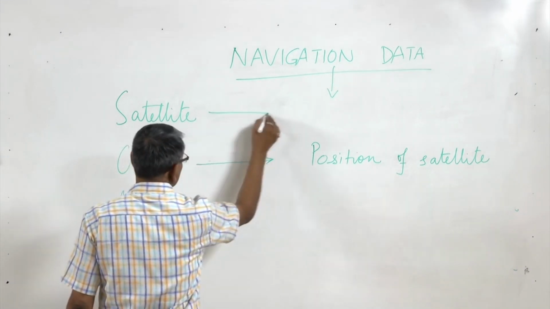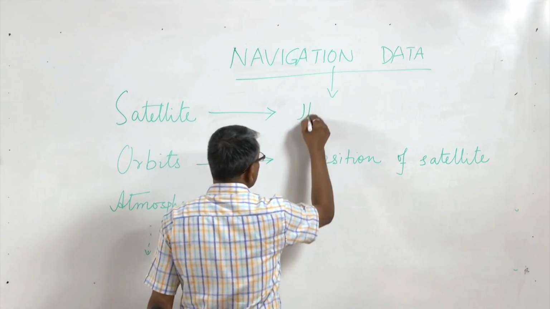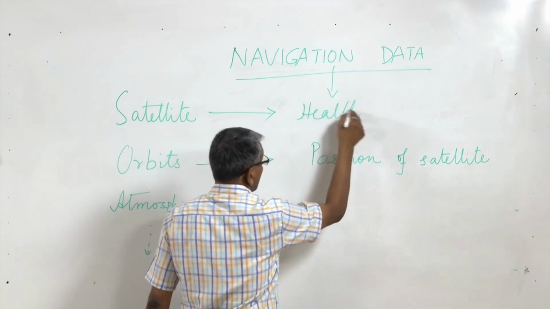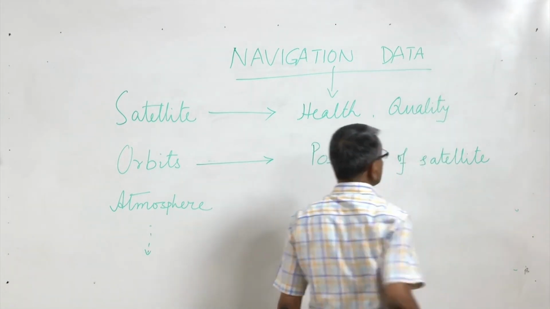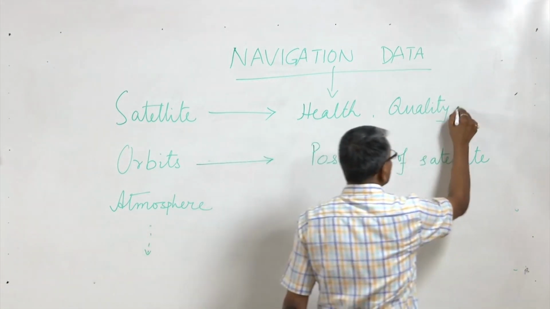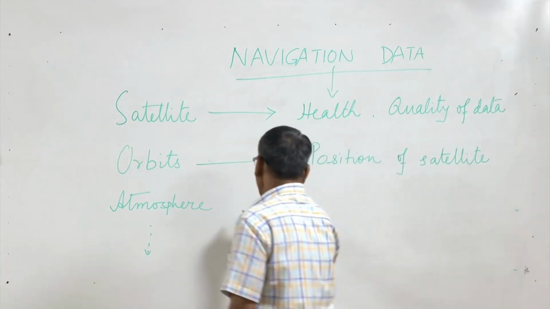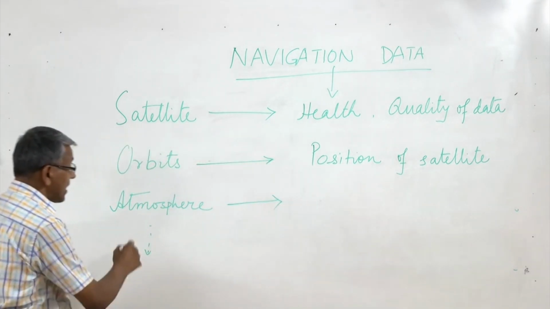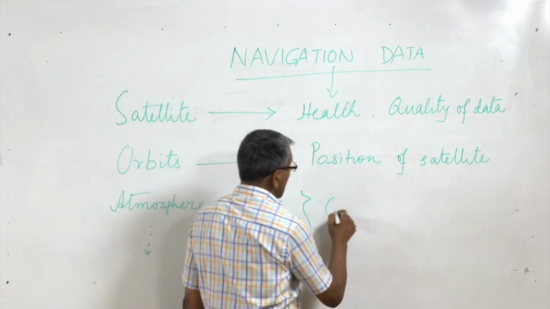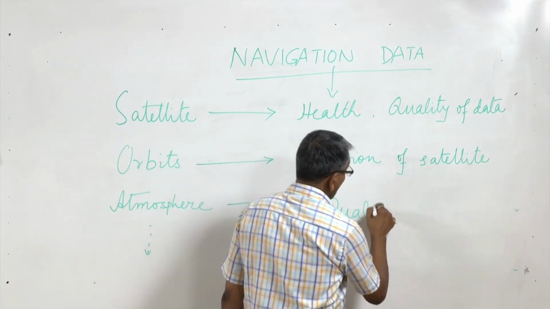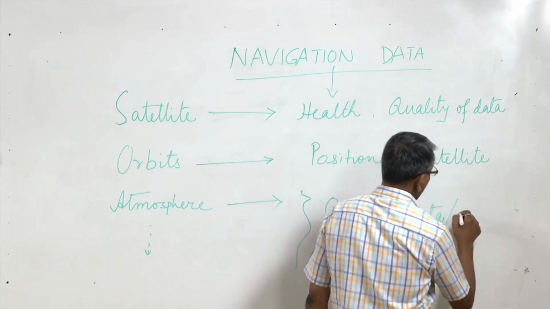The satellite information provides the health of the satellites and subsequently the quality of the data that has been received by the user, and the atmospheric information and many other items also provide information about the quality of the data.